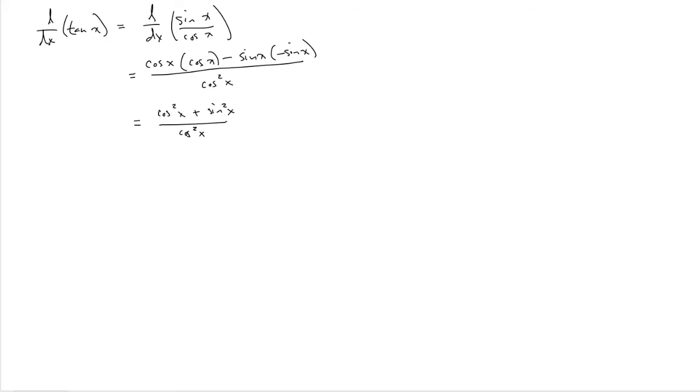Simplifying, that gives us cosine squared x plus sine squared x all over cosine squared x. And cosine squared x plus sine squared x is equal to 1. That's our most famous trig identity. And finally, 1 over the cosine squared x is the secant squared x.